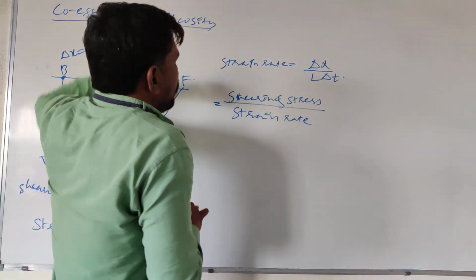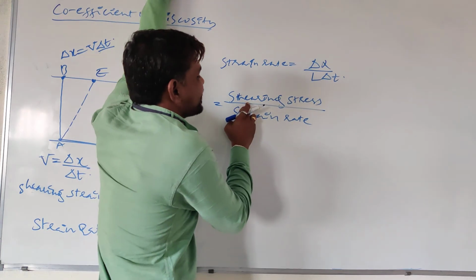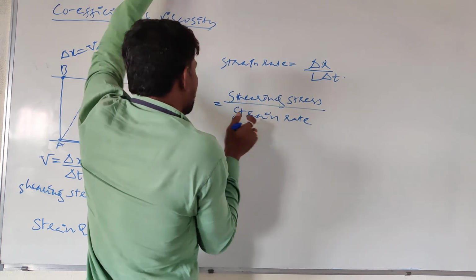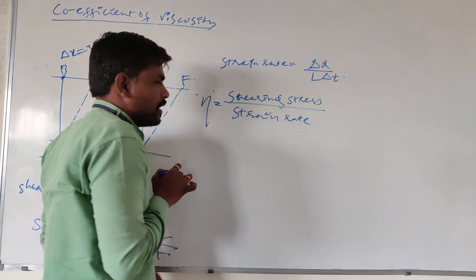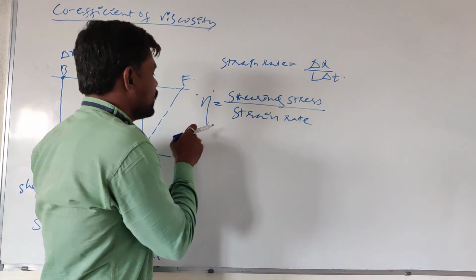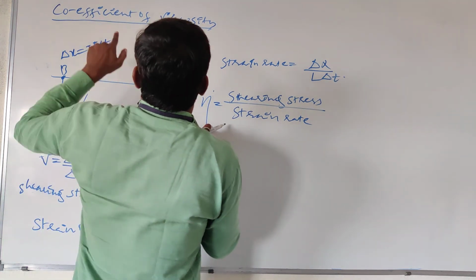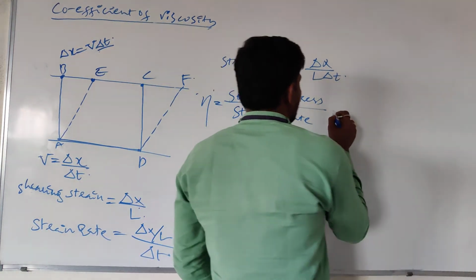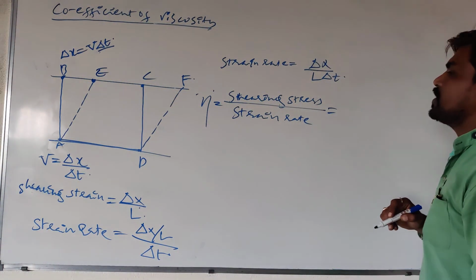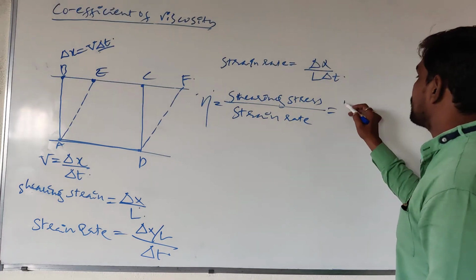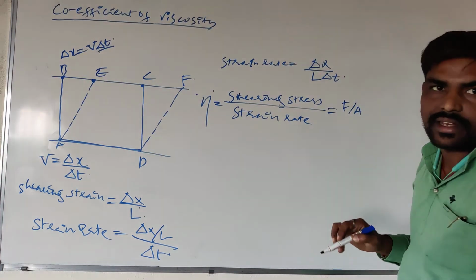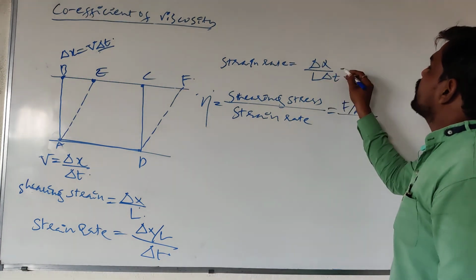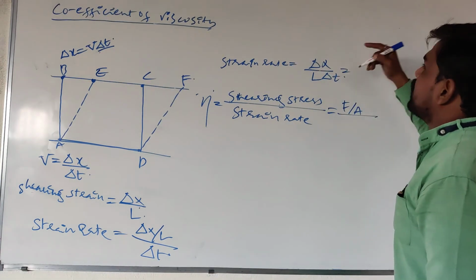See, here the ratio of shearing stress divided by strain rate is called as eta. Here the eta is called the coefficient of viscosity. This is shearing stress: force divided by area. Can I write del x divided by del t?